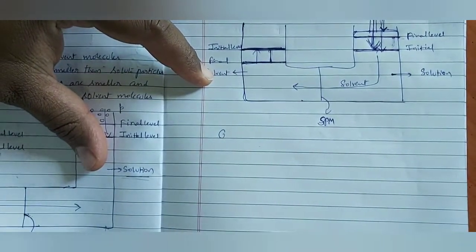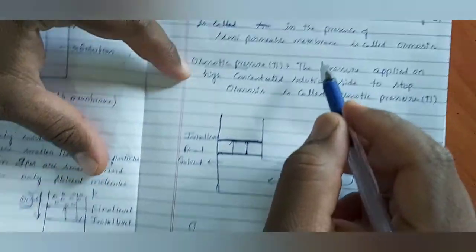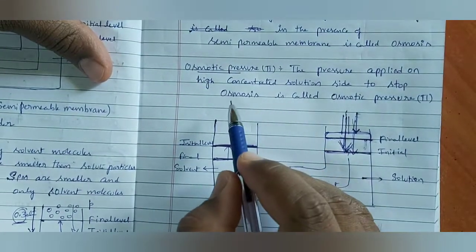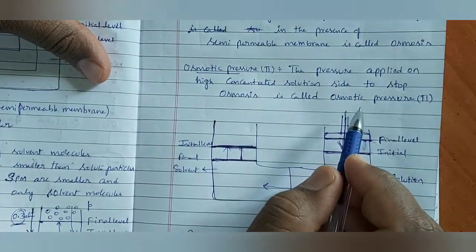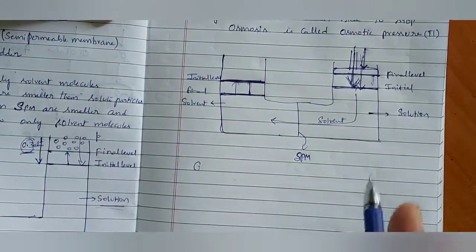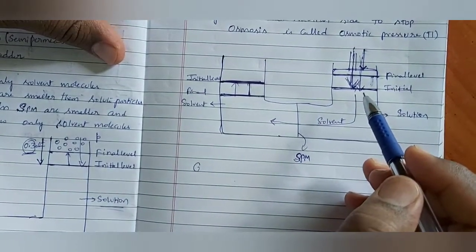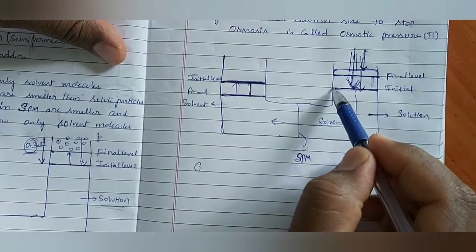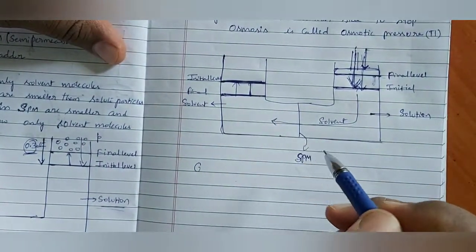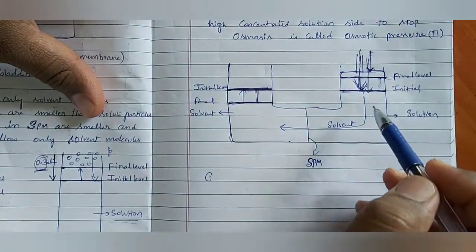So till now we have seen the definition of osmotic pressure: the pressure applied on the highly concentrated solution side to stop osmosis is called osmotic pressure. Next, the diagrammatic representation and how to understand everything. Is it clear? To maintain the initial level on the solvent side and the solution side, that means to stop osmosis, we need to apply some pressure on the solution side.